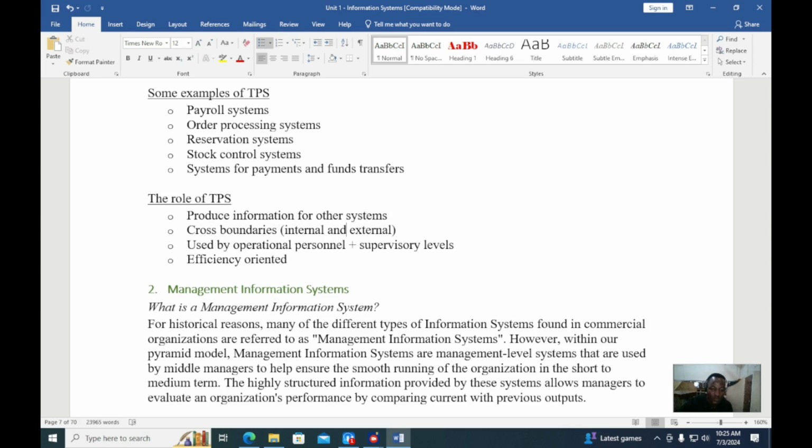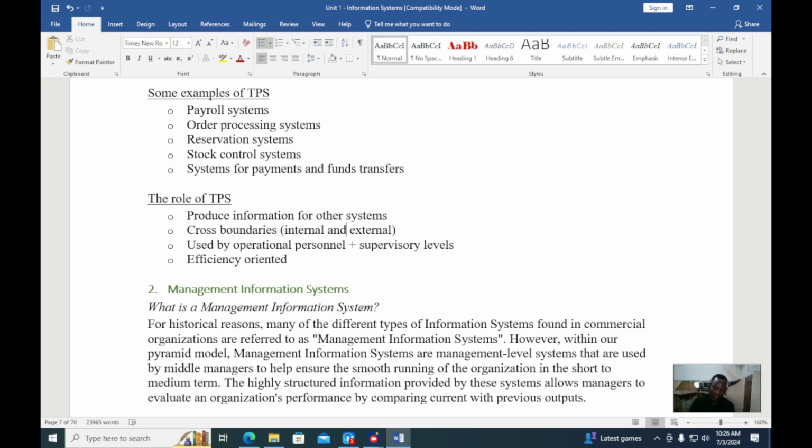Number two, they work across boundaries. It helps the organization to have an interaction between the internal environment of the organization and the external environment of the organization. Then it is used by operational personnel or at supervisory levels.